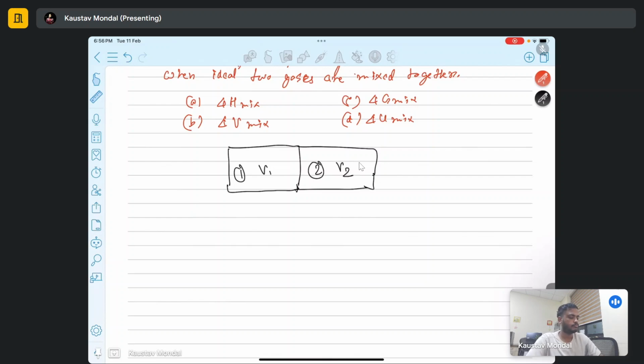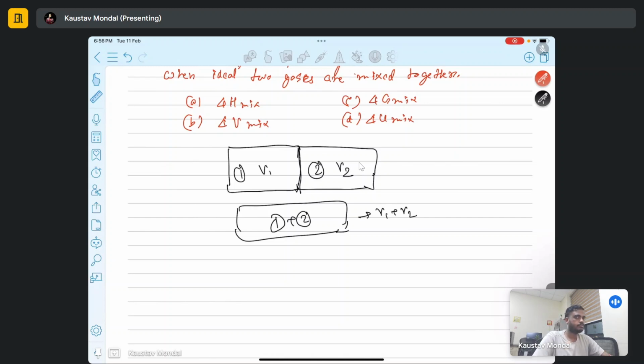Now when you remove this partition, both gases will mix, 1 plus 2, and the total volume will become V1 plus V2. We have already discussed this in the previous tutorial, and also in the classes, I think. So it is already discussed, right?